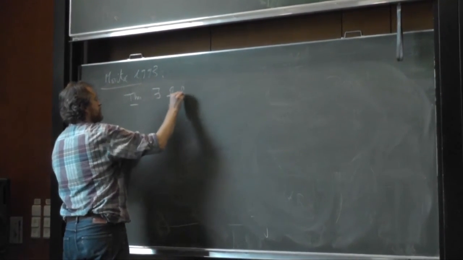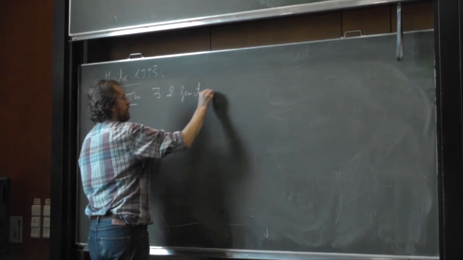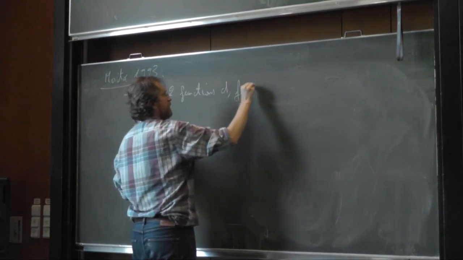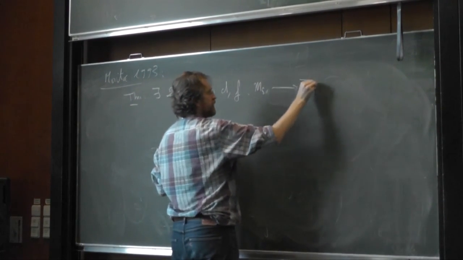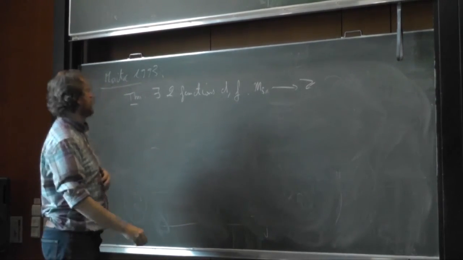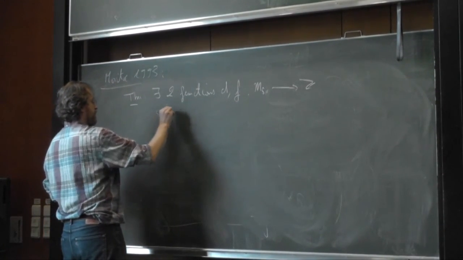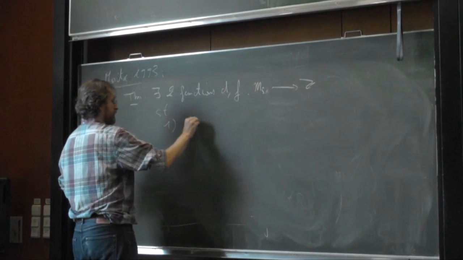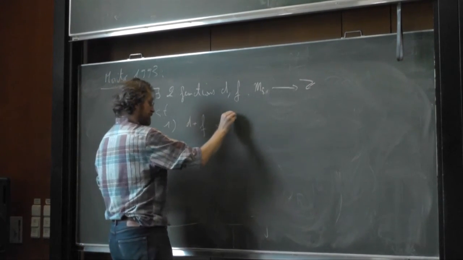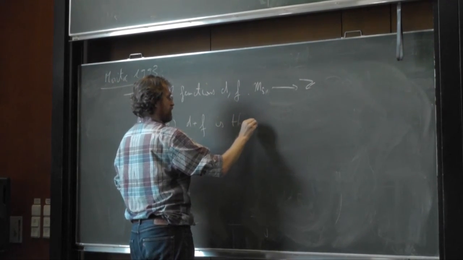There exist two functions, D and F, on the mapping class group, which he constructs, such that, one, D plus F is the Casson invariant.